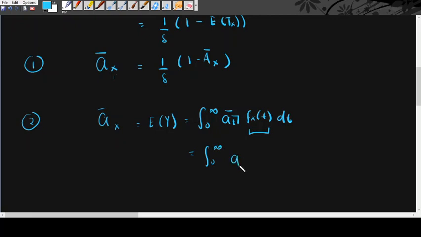So you are going to get a bar t tpx mu x plus t dt. This would be the probability that it will cease. So we are integrating from 0 up until infinity because it is whole life.